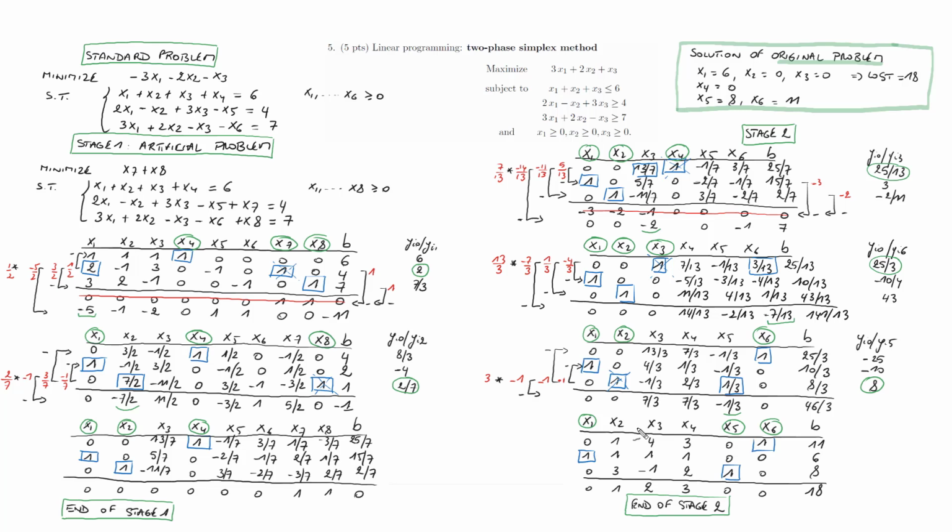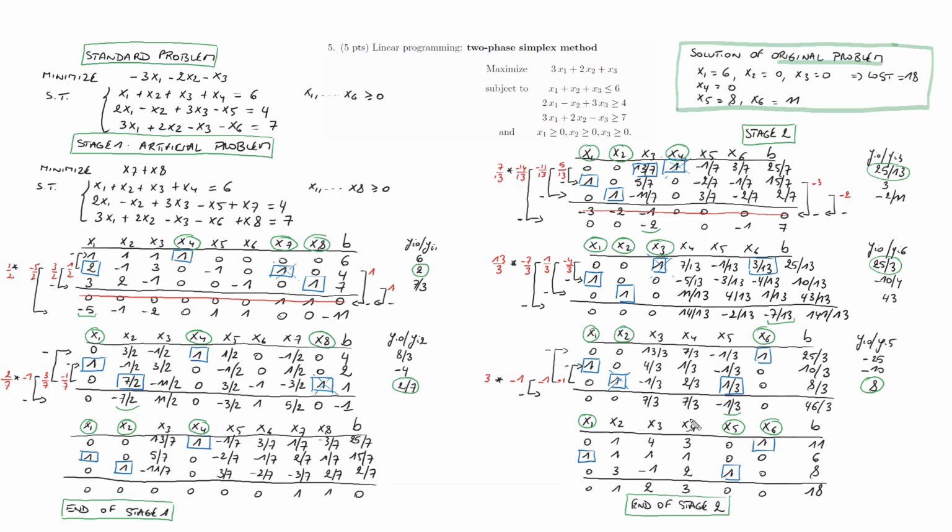So we can read the solution. In terms of the original variables, we see that x1, which is basic, can be read over here. It's 6, right? The other original variables are non-basic, so they are 0, right? So if you plug this into the cost, we see that the cost is indeed 18, and this matches with what we see over here.